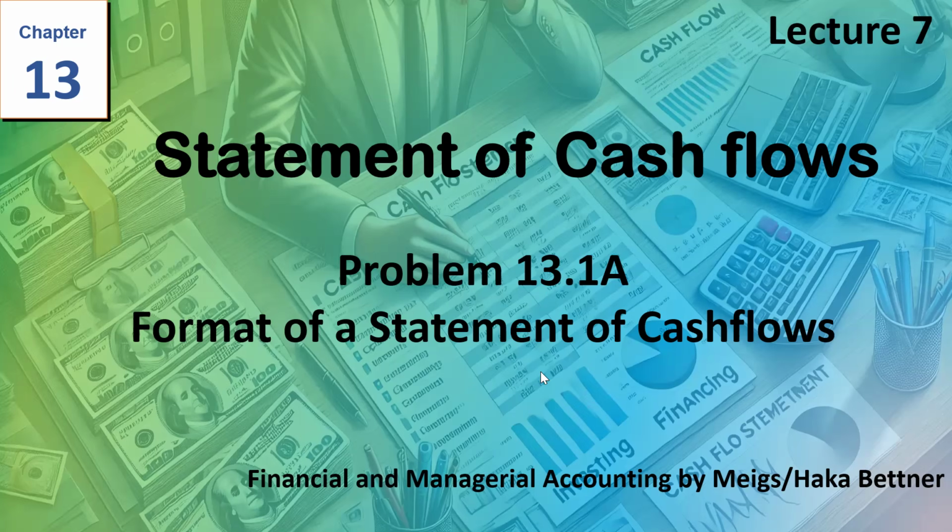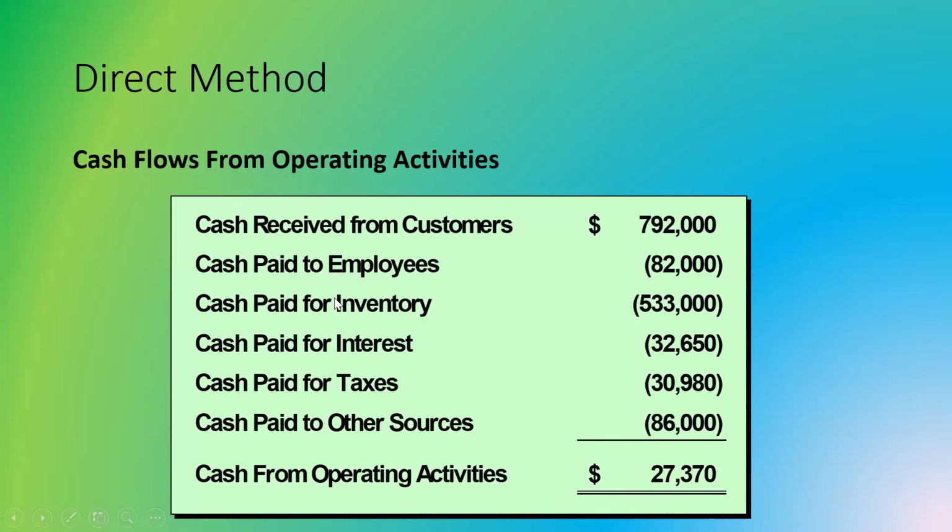Before starting the problem, I would like to discuss these things related to operating activities under the direct method. Although most of the things are given in the problem at this level, we have to calculate some missing information. Generally, cash received from customers is not directly given, so we calculate it from the cash sales and from accounts receivable and so on.